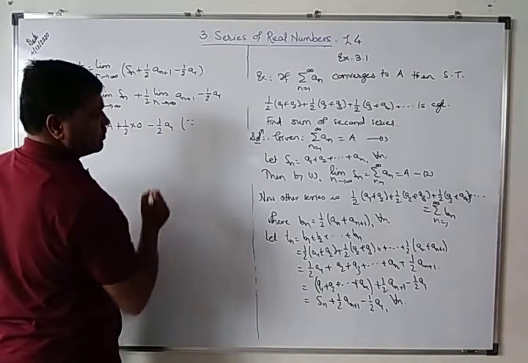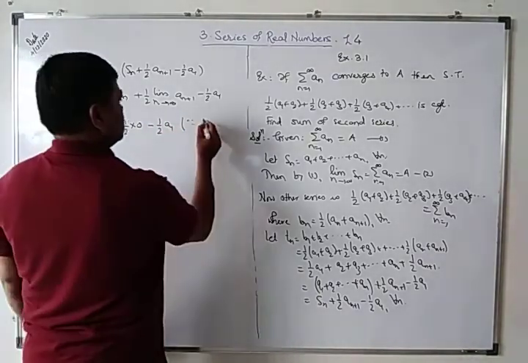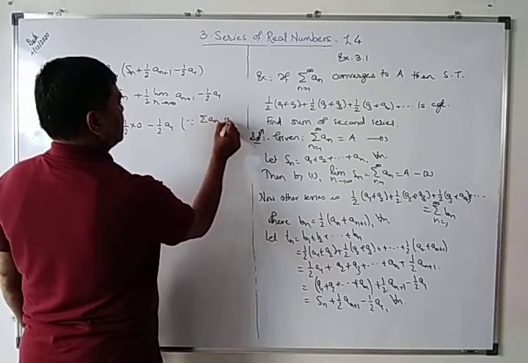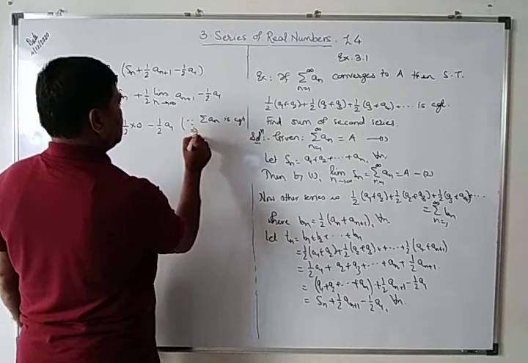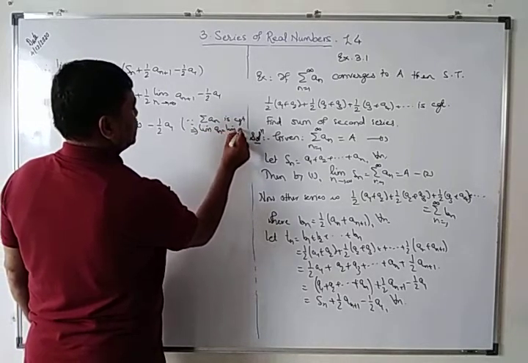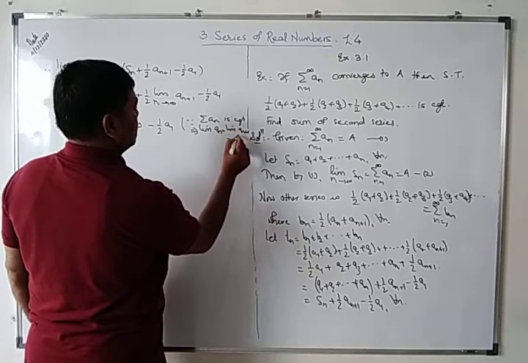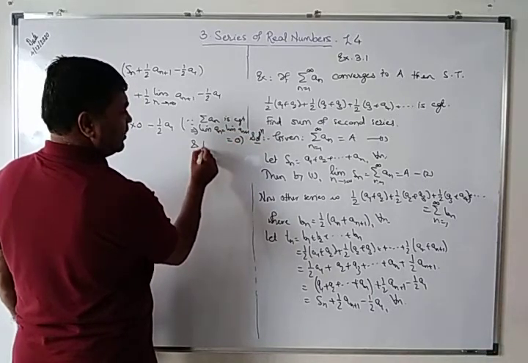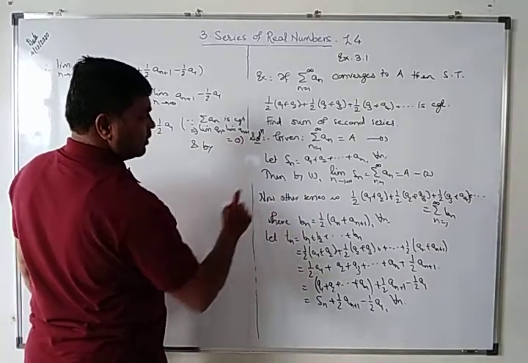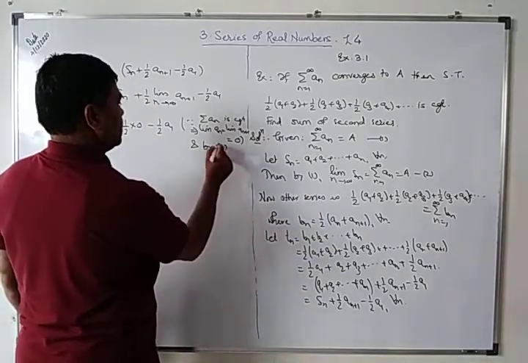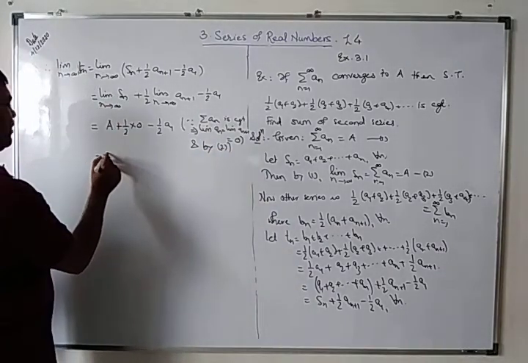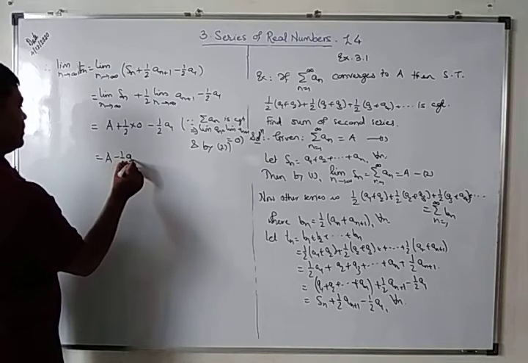Since summation a_n is convergent, it implies limit of a_n is equal to limit of a_{n+1}, which is 0, and by 2. So this is nothing but a minus half a1.